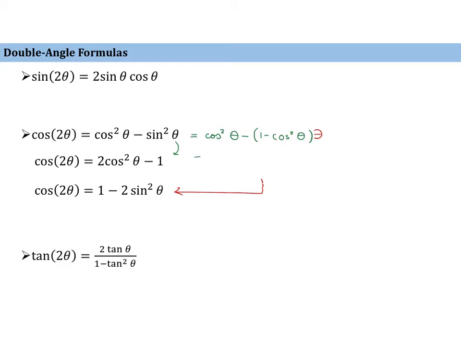But that is cosine squared of theta minus 1, and distribute that negative, so it'll be plus cosine squared of theta. And that gets us to our second identity there. You should have each one of these 5 identities memorized.